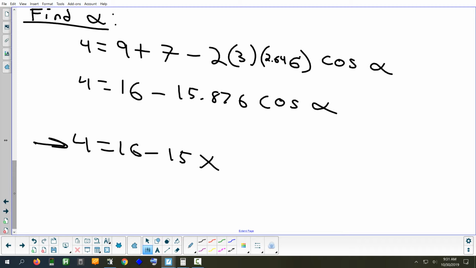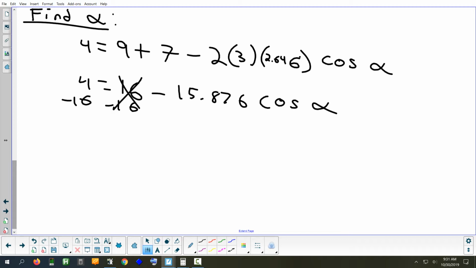Yeah. So when you're solving an equation, you always do all your adding and subtracting that you can first. Right? So move the 16 to the other side. Minus 16, minus 16. That's gone. 4 minus 16 gives me negative 12.